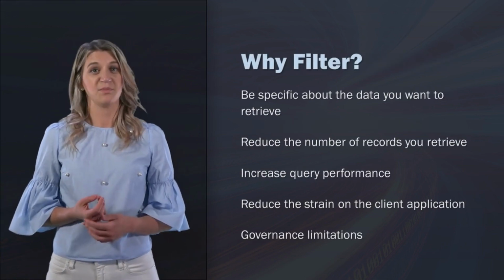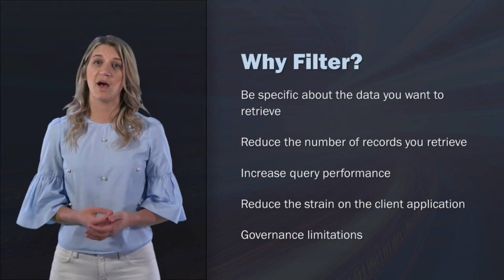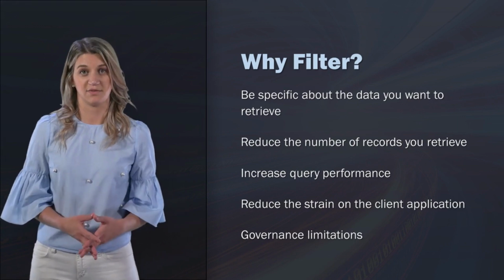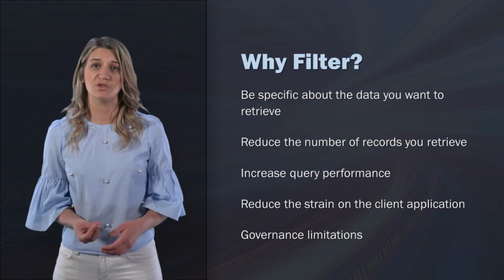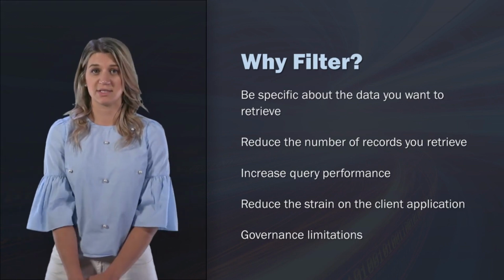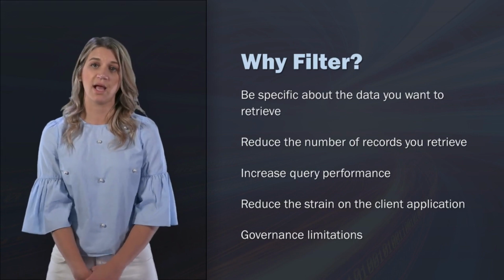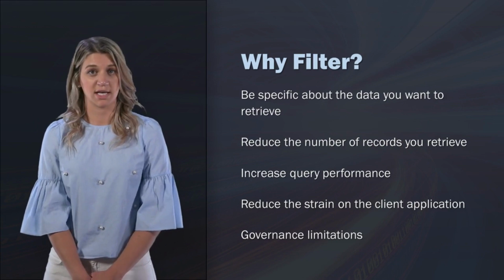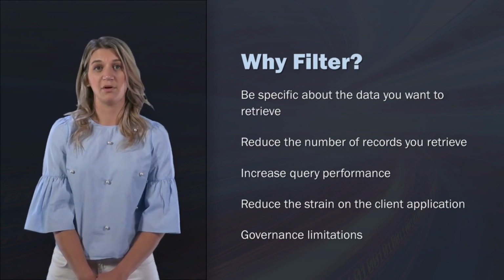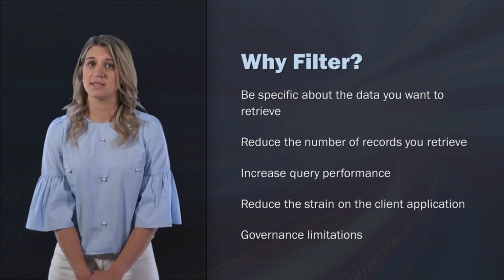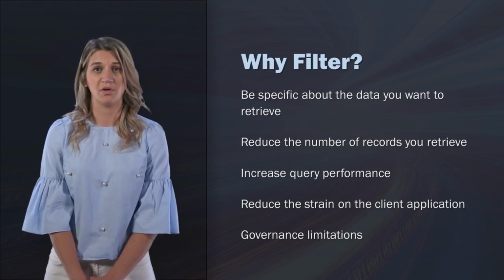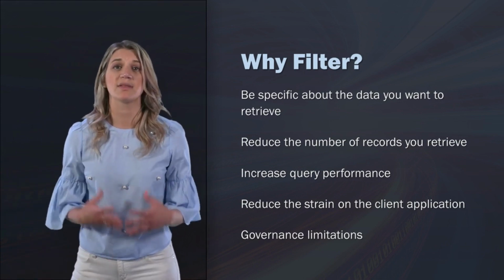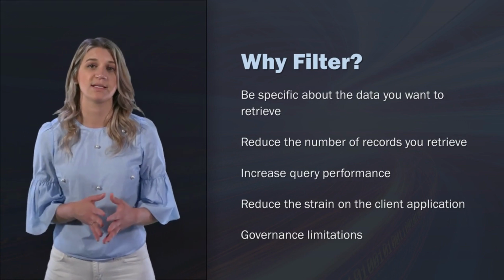Filtering in SQL is important to understand because we have a couple of options as to where we can filter down our data and get specific. But there are huge benefits when we do it directly with SQL instead of relying on the client application to do it. First of all, when we filter our data down, it will often reduce the number of records we're retrieving. Instead of just grabbing a whole table and pulling every column and row from it, we can get really specific about the data we want to obtain from that table.